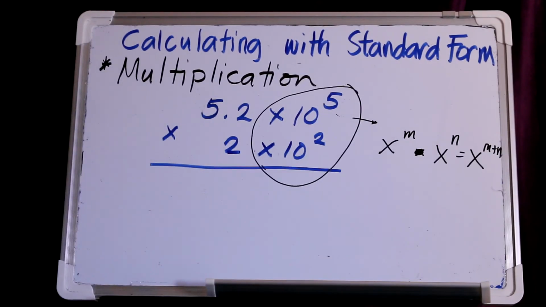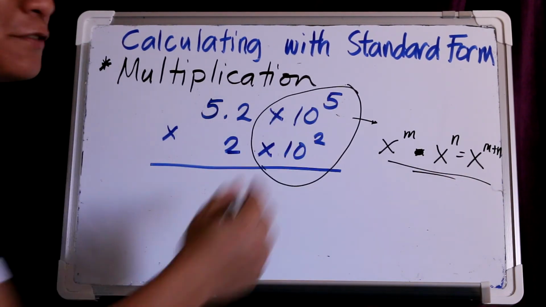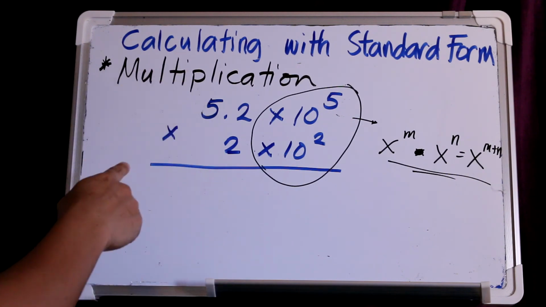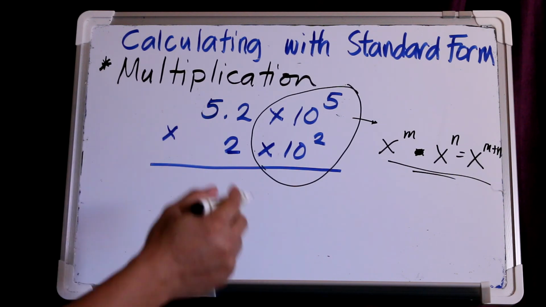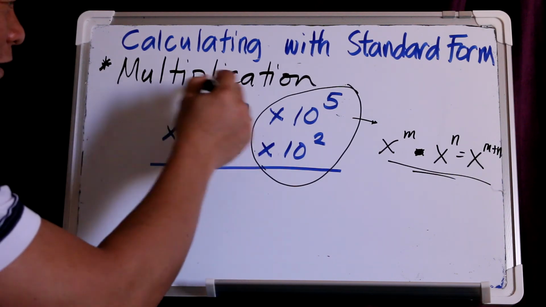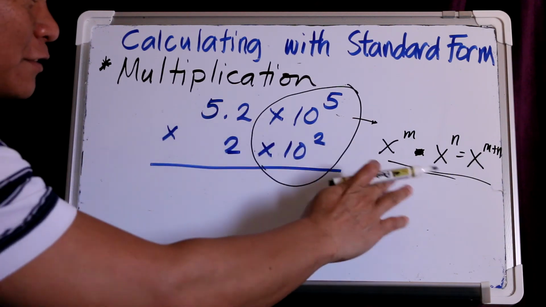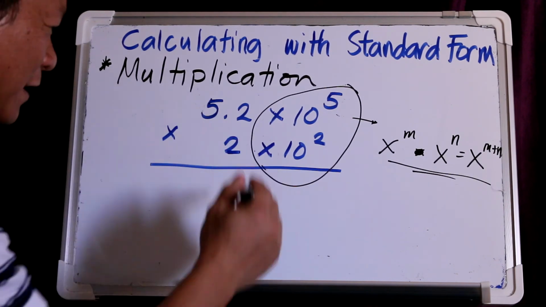So this means that you have to add 5 and 2 together as the power of 10. So in multiplying standard form numbers, you have to multiply this side and that one, and follow this one. Easy, right?